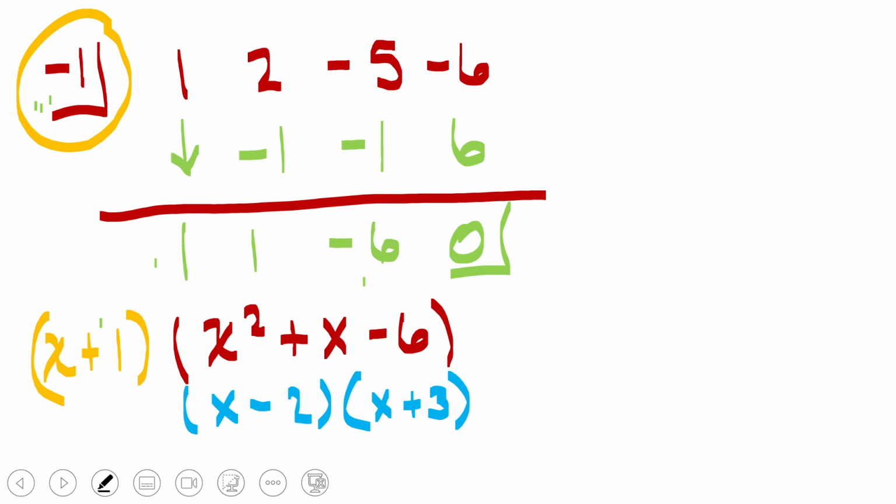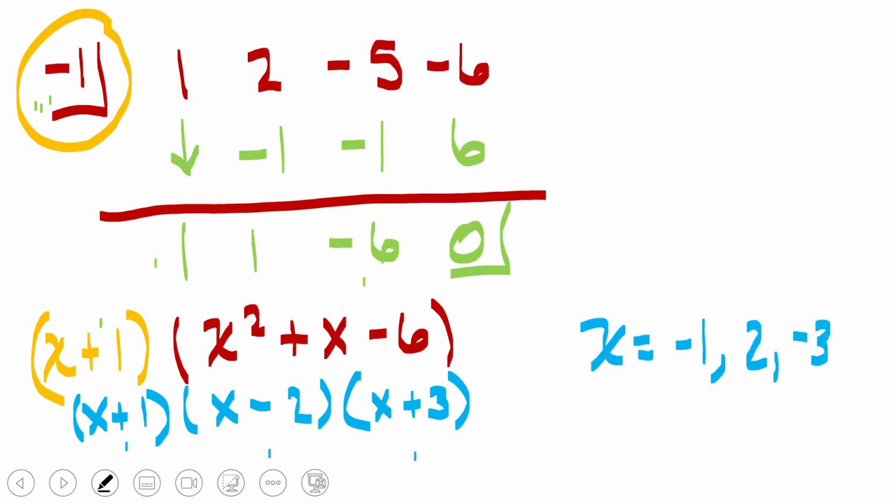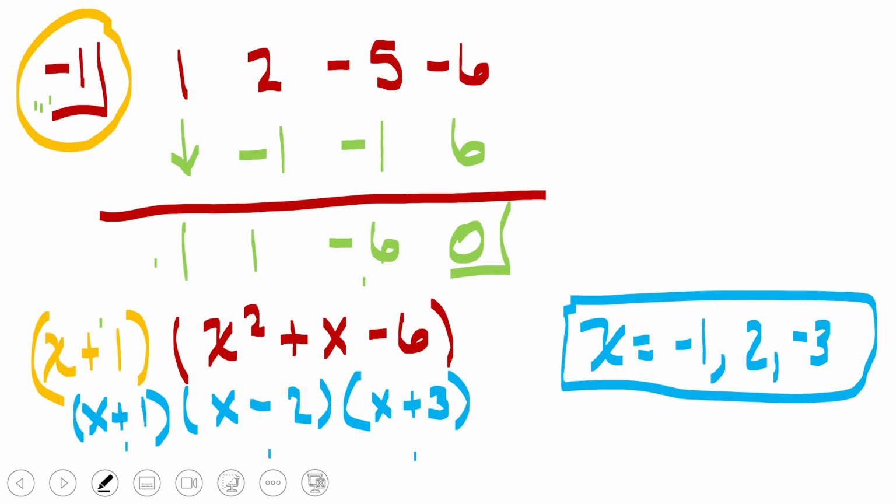That is just a coefficient of an invisible 1. We still have x plus 1 in the front, and now you can find our solutions of x. X is going to be equal to negative 1, positive 2, and negative 3. Those are our zeros for that polynomial.